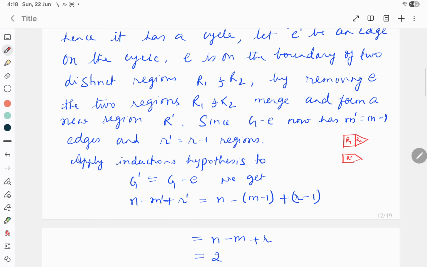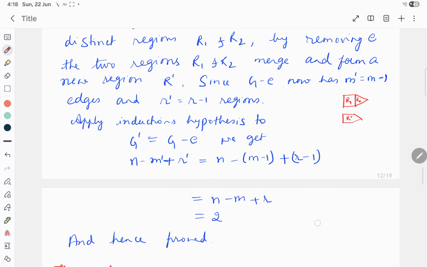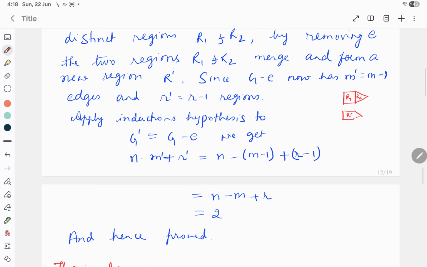The number of edges will be m dash and the number of regions will be r dash. So this is equal to n minus (m minus 1) plus (r minus 1). So that gives you 2. So we assumed that the result is true for all r greater than or equal to 2, and just by removing an edge we got one region less, and hence we are getting the result proved.